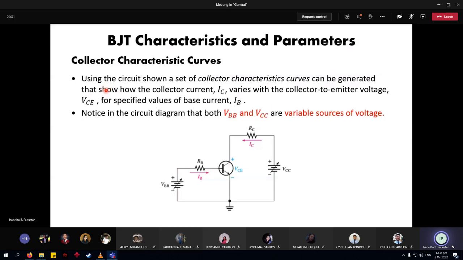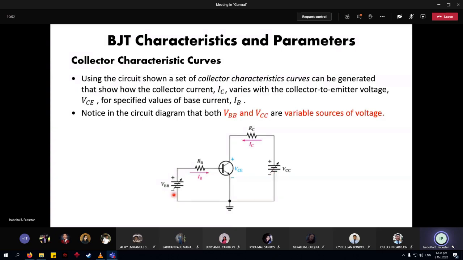Let's just read this. Using the circuit shown, a set of collector characteristic curves can be generated that show how the collector currents vary with the VCE for a specified value of base current. Here you have variable sources, variable VBB and VCC.